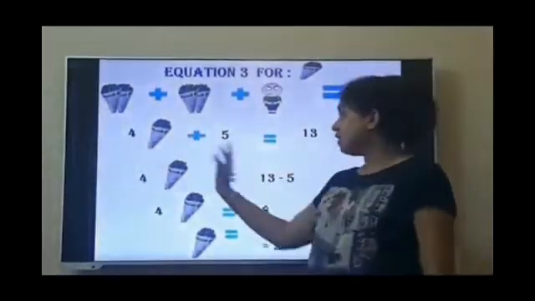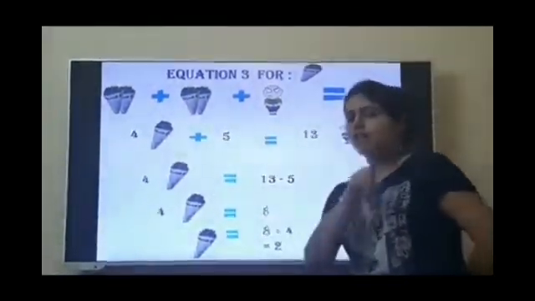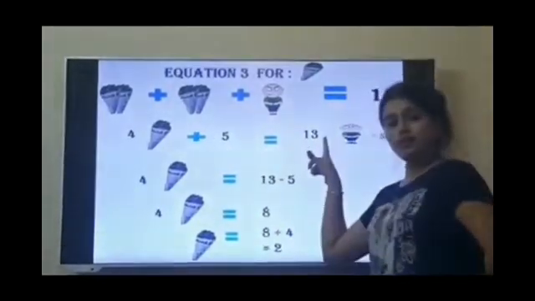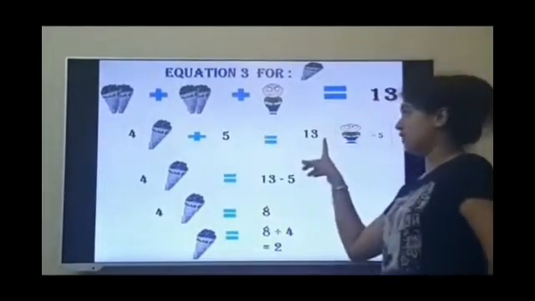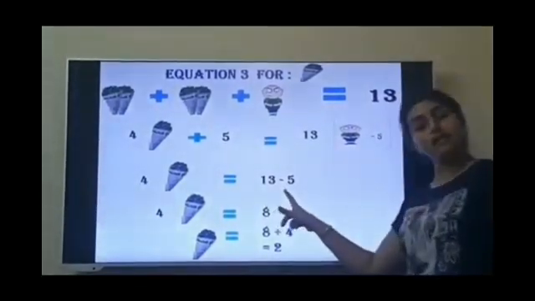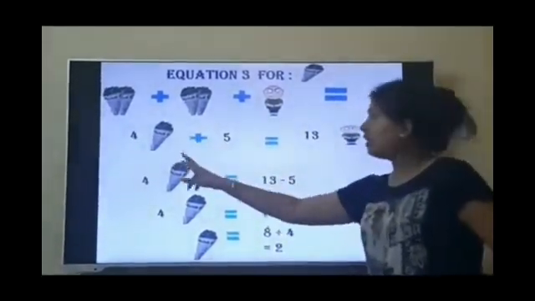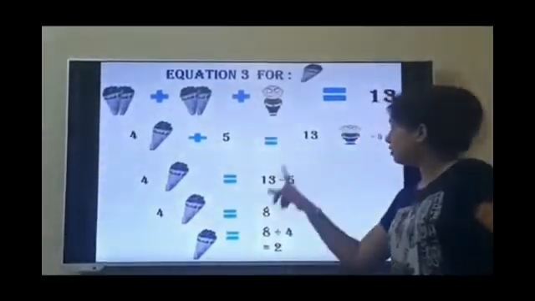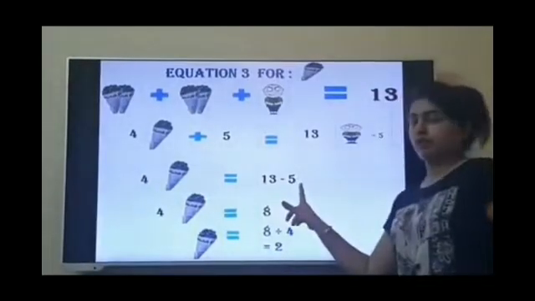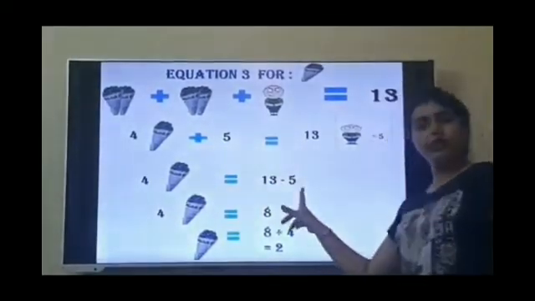Now, this cone is along with 2 numbers. So firstly, I have to transfer this 5 to the other side, and this 5 is in plus. And when it moves to the other side, it will be in minus. So what is left over here? Only 4 popcorn cone is equal to 13 minus 5 because I transferred this over here.